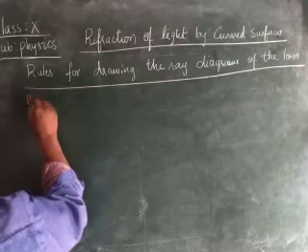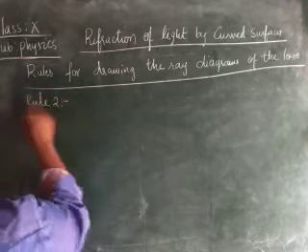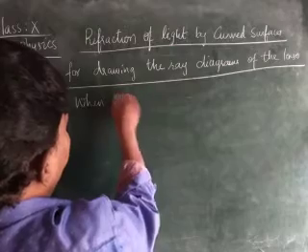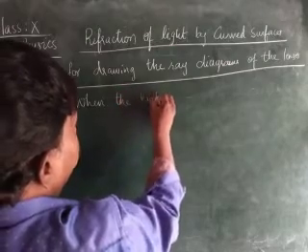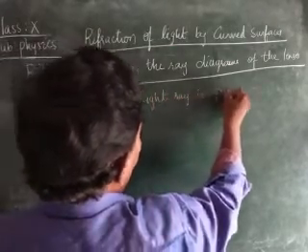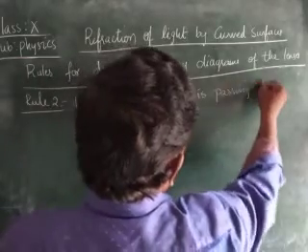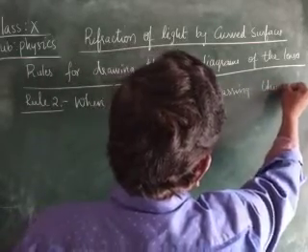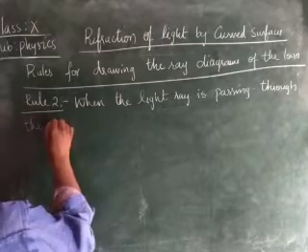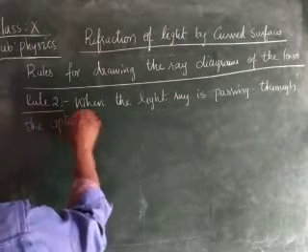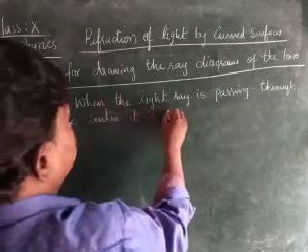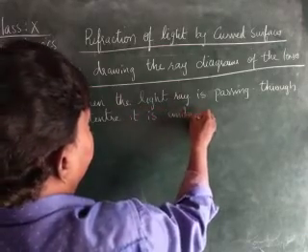Rule 2, children: when the light ray is passing through the optic center, it is undeviated.